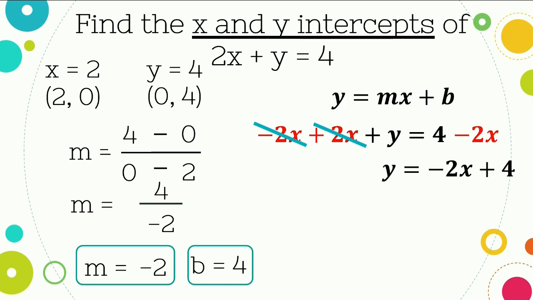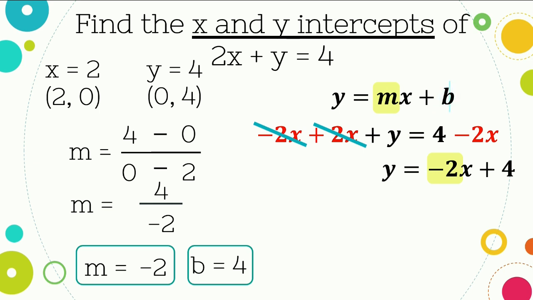Again, kapag naka-slope-intercept form na siya, pwede na natin ma-identify yung slope. Ano nga ba yung slope ulit? Siya yung m. And our m in our answer is negative 2. Therefore, our slope is negative 2.